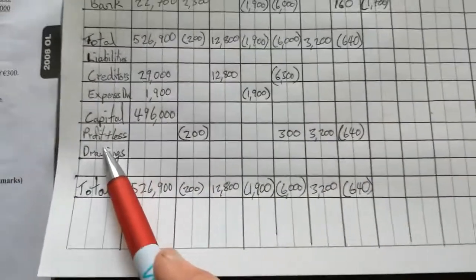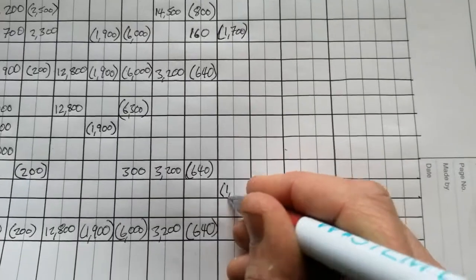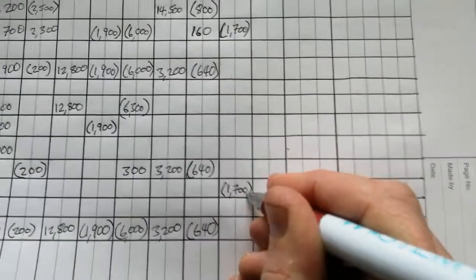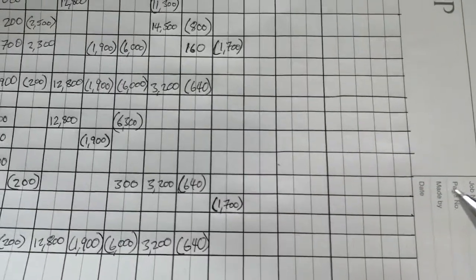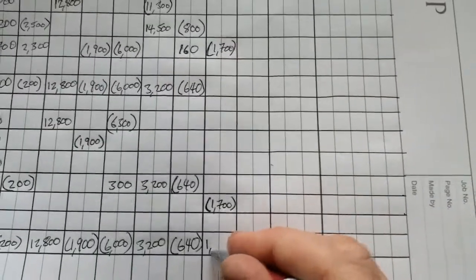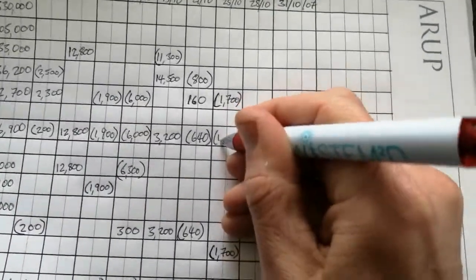So drawings figures should go in as a minus. And in this case, it also will go in as a minus. Your drawings has gone up by 1700, but since we record them as minuses, we put in a minus 1700 here. And then the two totals are the same, minus 1700, minus 1700.